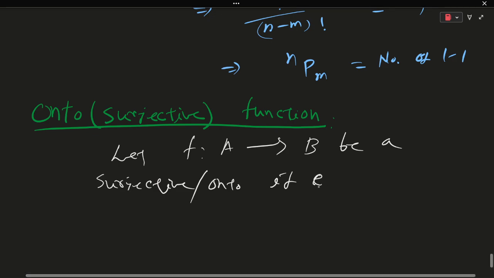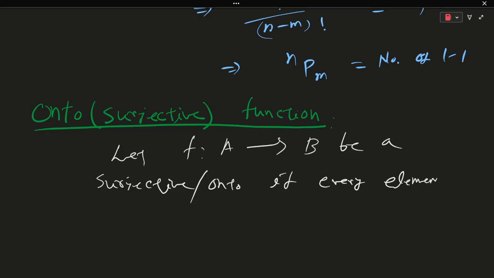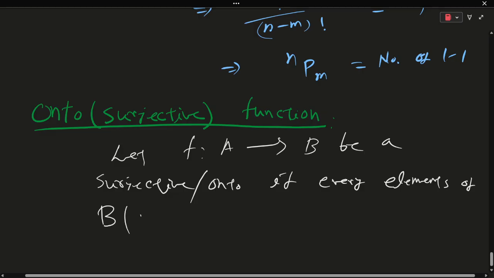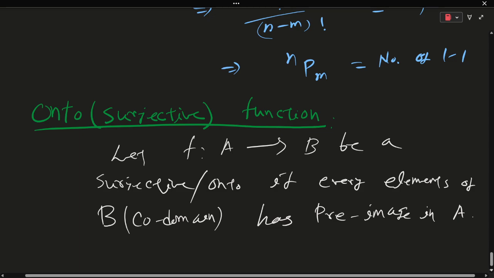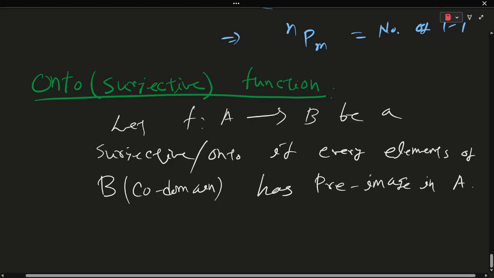surjective or onto, if every element of B, that is the codomain, has a pre-image in A. So the pre-image will be in the domain.